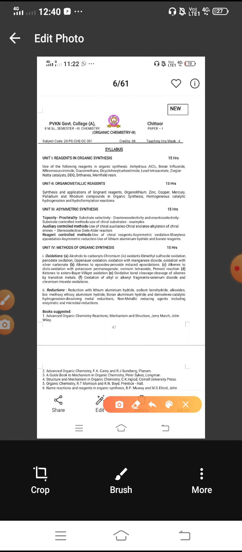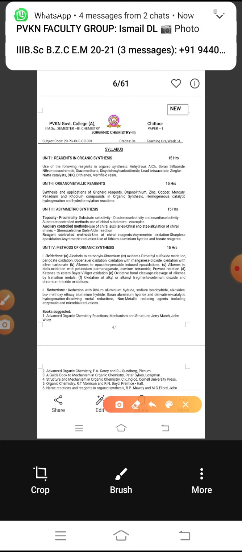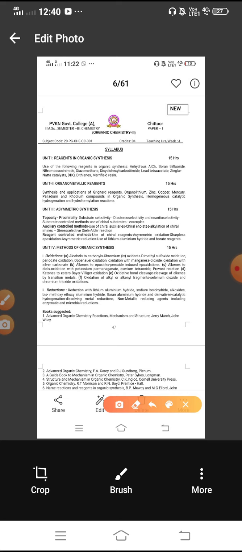One is allylic oxidation, second is benzylic oxidation, next is peroxidation. So many types of oxidation reagents are available. First one, allylic oxidation. Allylic oxidation mainly occurs at the allylic position.